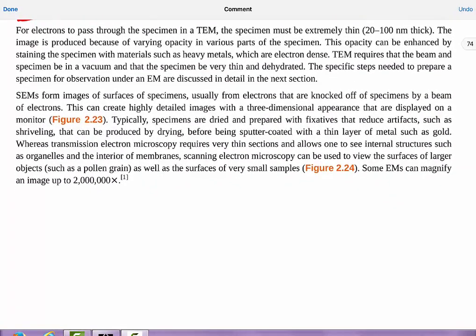For electrons to pass through the specimen in a TEM, the specimen must be extremely thin, so it has to be sliced incredibly thin so these tiny electrons can get through it. The image is produced because of varying opacity in various parts of the specimen. Remember, opacity is the opposite of transmission, so being able to go through, like glass, and the opposite of that, like a stone, for example, is very opaque.